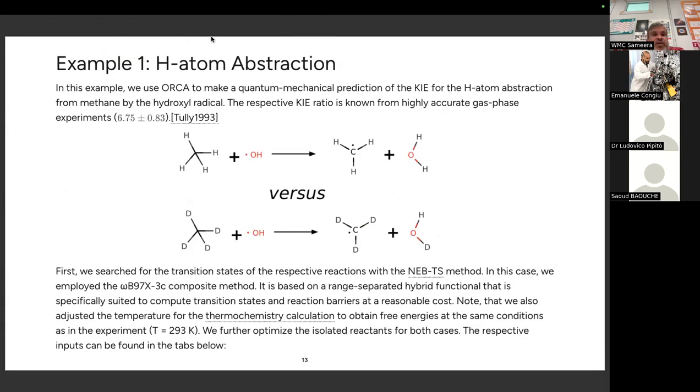This is a very simple example where a methane molecule reacts with an OH radical to form a CH3 radical and water. What would happen if we have deuterium instead of hydrogen here? Of course, deuterium is heavier, and it affects the reaction rate.